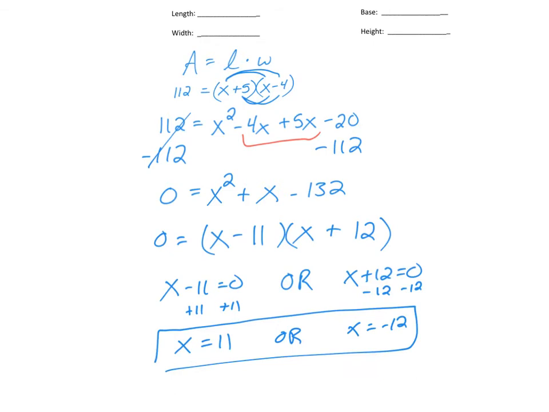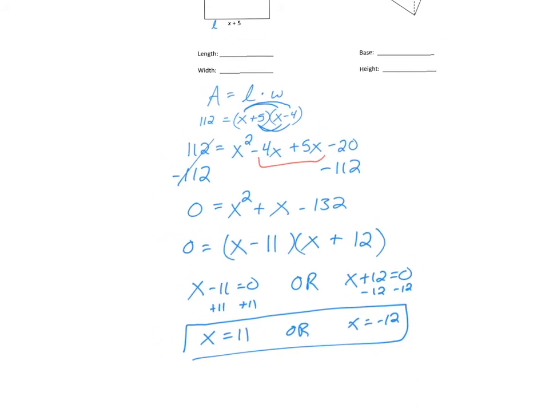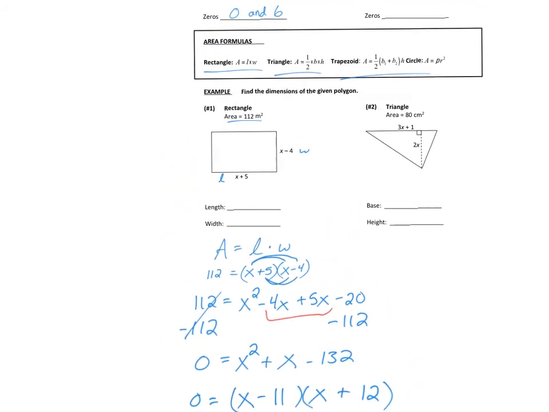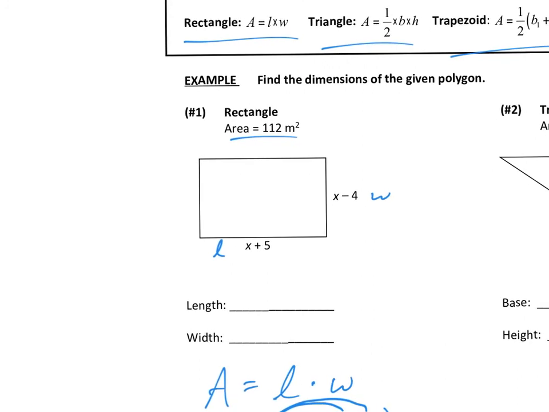However, if you want to find the length and the width, let's look at what happens. The two answers are 11 or negative 12. If I take negative 12 and I come up here and put negative 12 in for x, so negative 12 plus 5, what do you get?